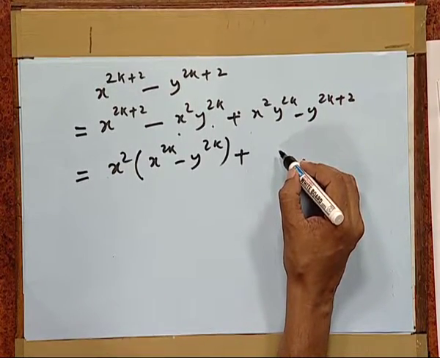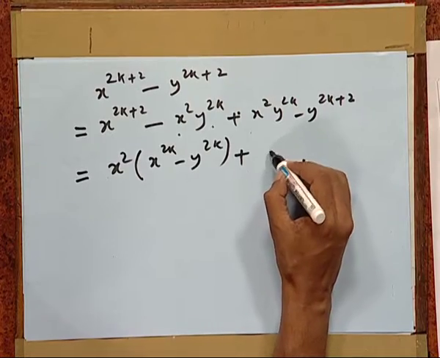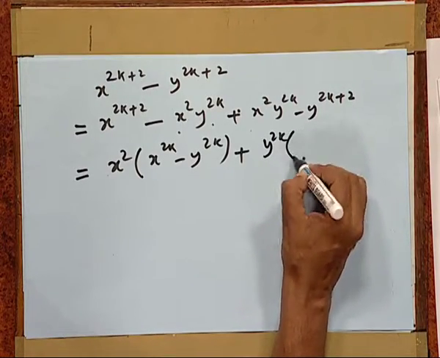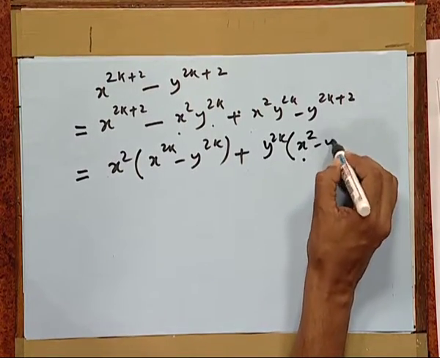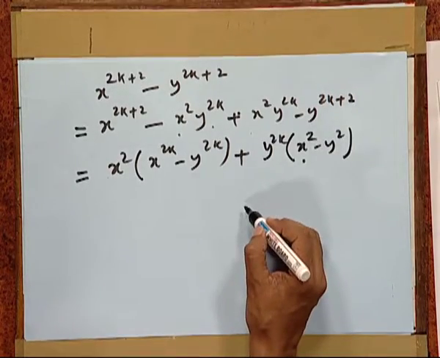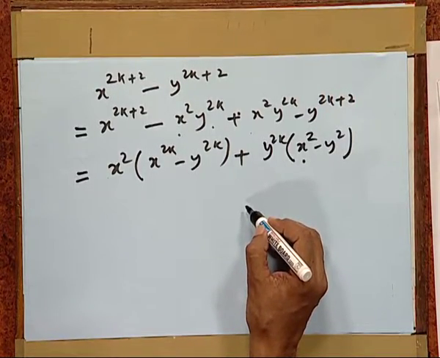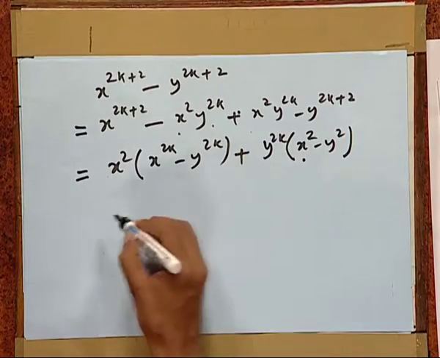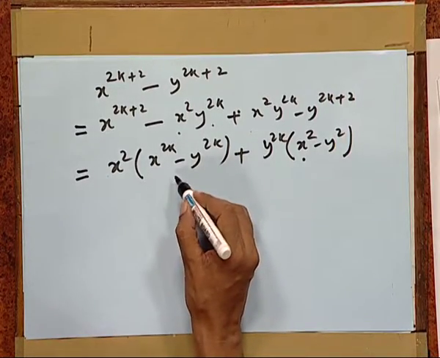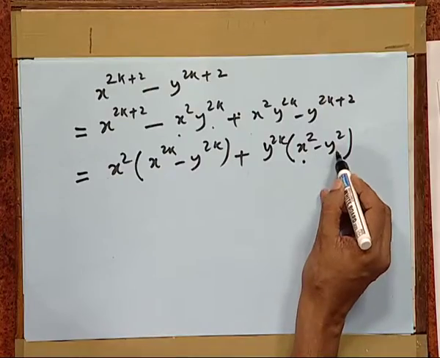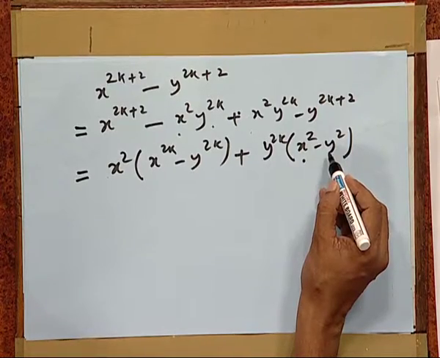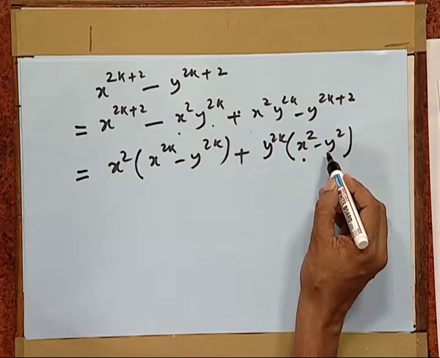In the next two terms we have y to the power 2k common, which gives x square minus y square. Now, clearly the first term is divisible by x plus y as per our induction hypothesis, while the second term x square minus y square is obviously divisible by x plus y.